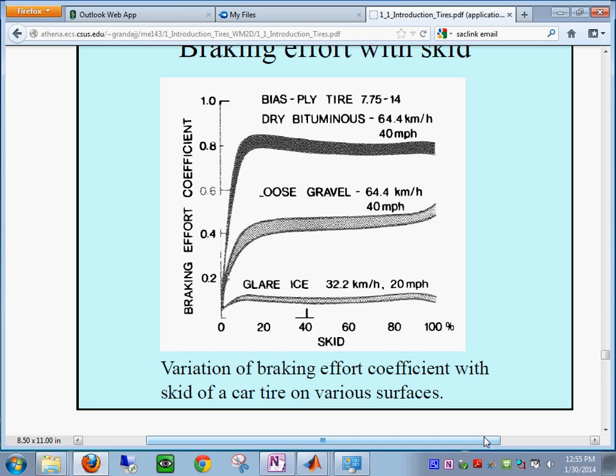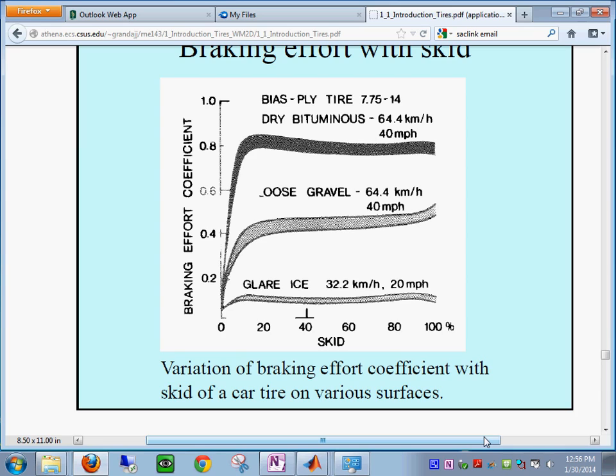This one, say on loose gravel, goes up a little bit, and then on dry conditions you can get the highest torque.